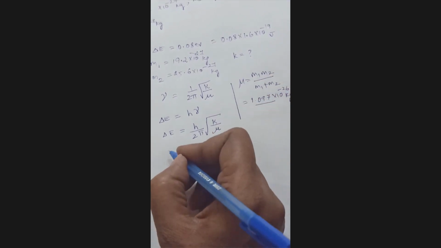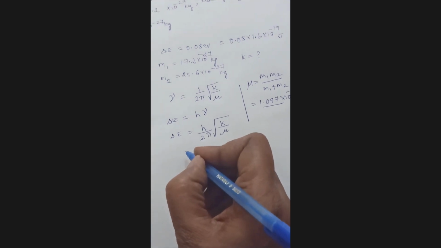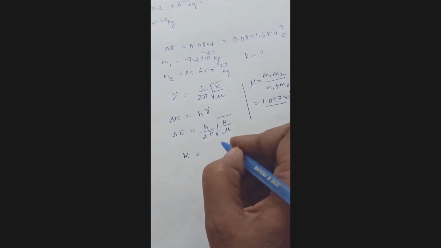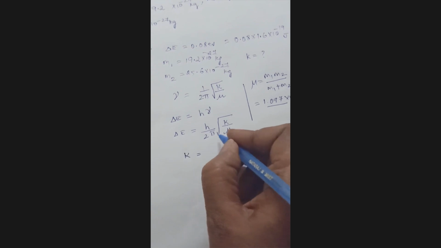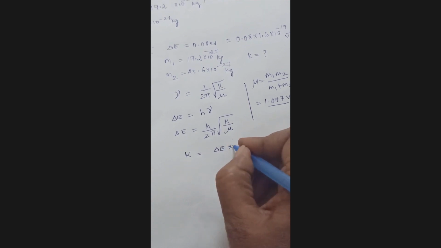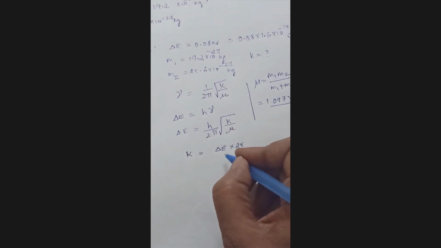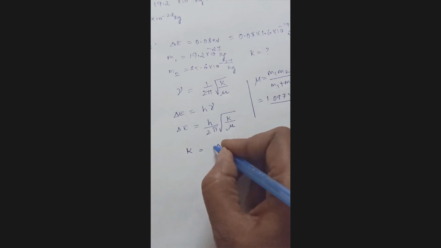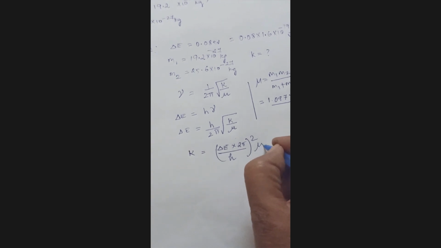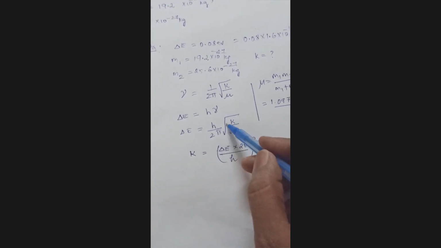Now we will square it and get an expression for K. So K will be equal to, squaring, I'll write down the formula here, delta E into 2 pi divided by h, whole square into mu. That's the formula, we get it from here.